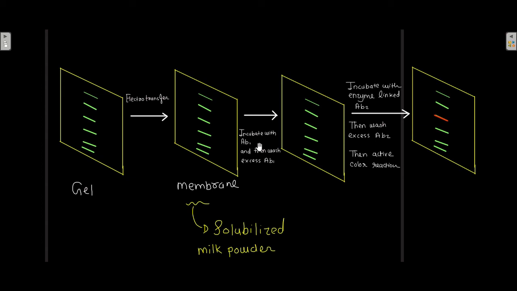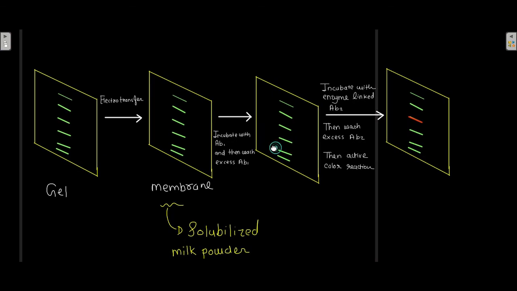After blocking the non-specific protein binding sites, the membrane is incubated with the primary antibody, AB1. This primary antibody binds to the target protein that we want to identify, which is the reason we use this specific primary antibody in the first place.